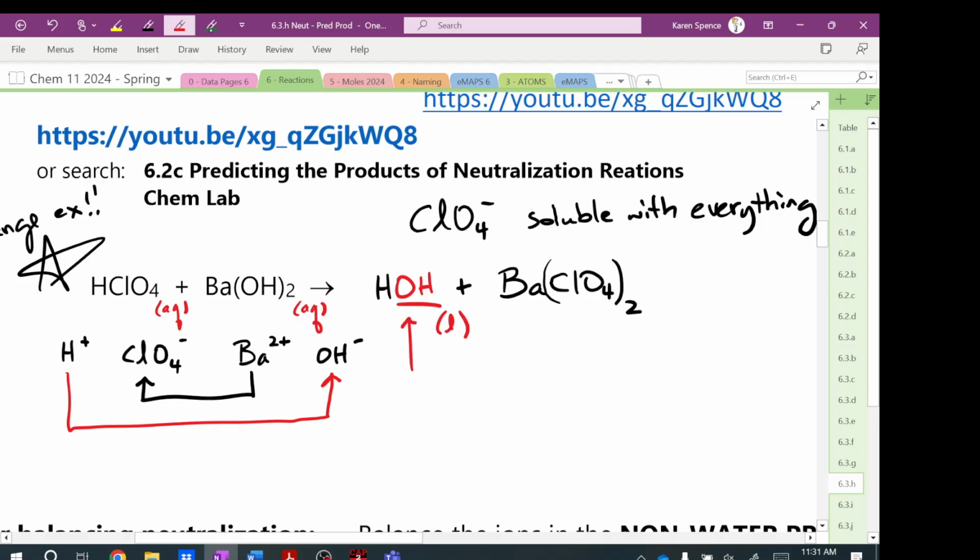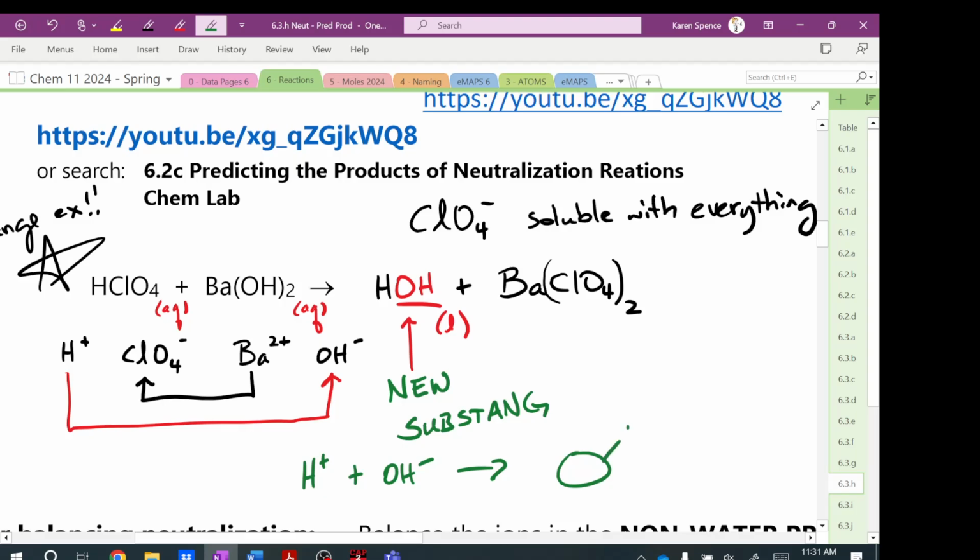So this qualifies as your new substance. You have had a rearrangement. You used to have H plus floating around separately, OH minus floating around separately, and now you have O bonded to H, bonded to H. That is our new substance.